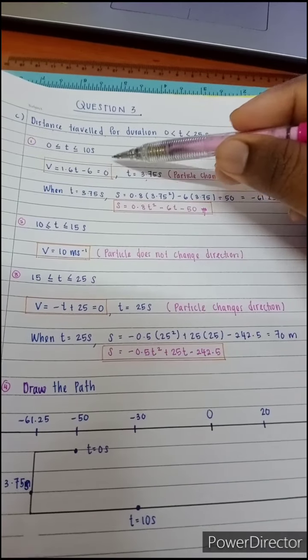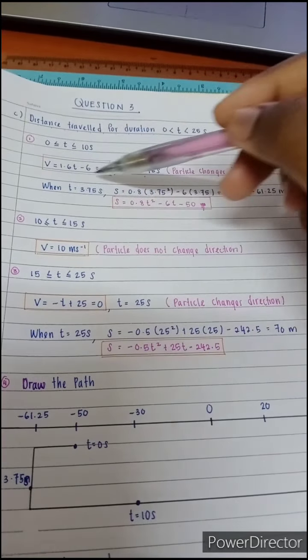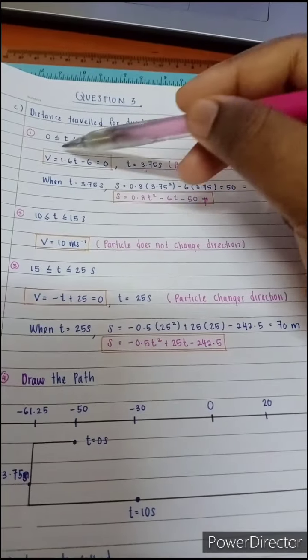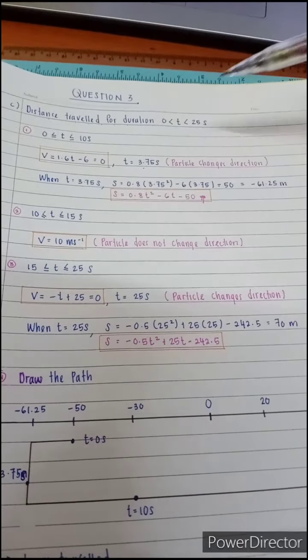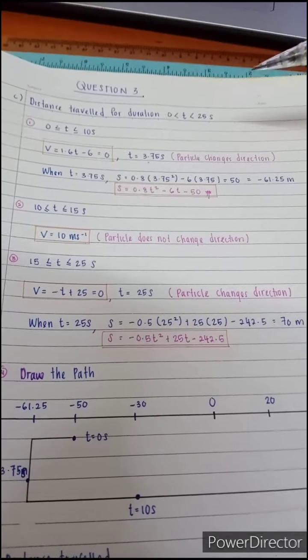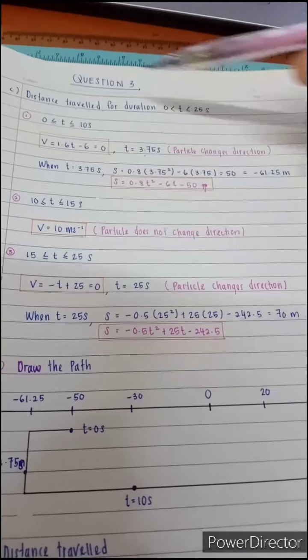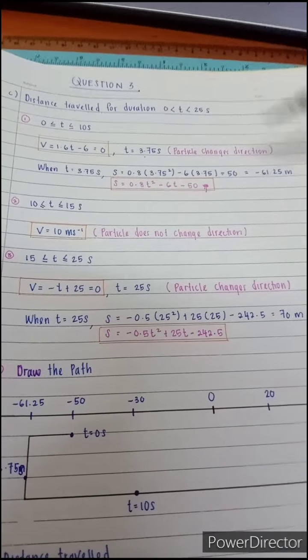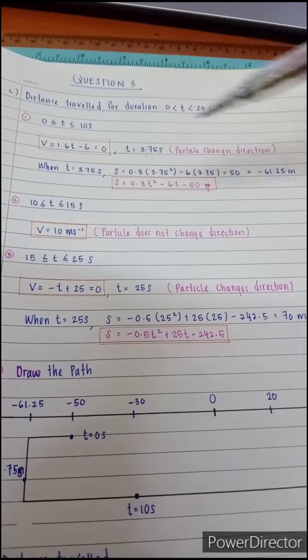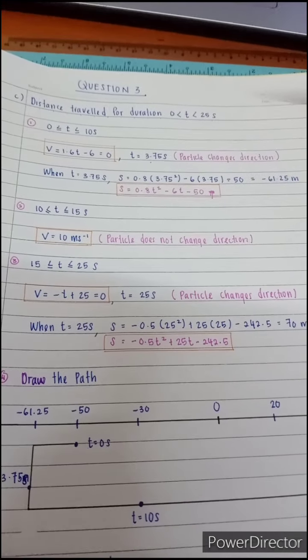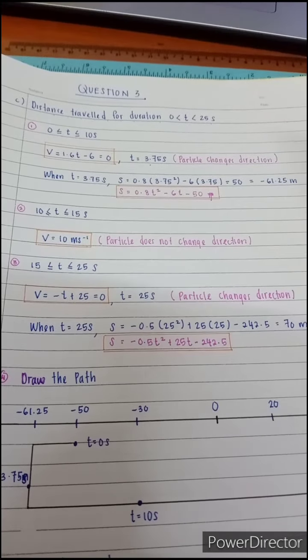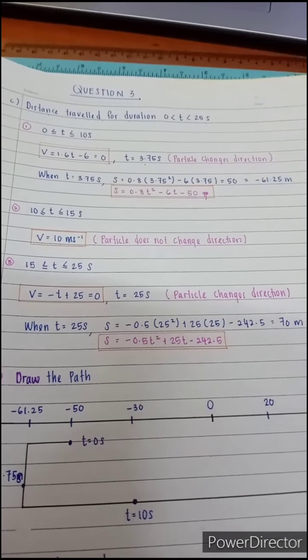The importance of the velocity equation is that we want to find out if the particle changes direction or not. If you didn't do this part, you wouldn't know when the particle changes direction, and you cannot find the accurate value of the distance traveled for the duration from 0 to 25.